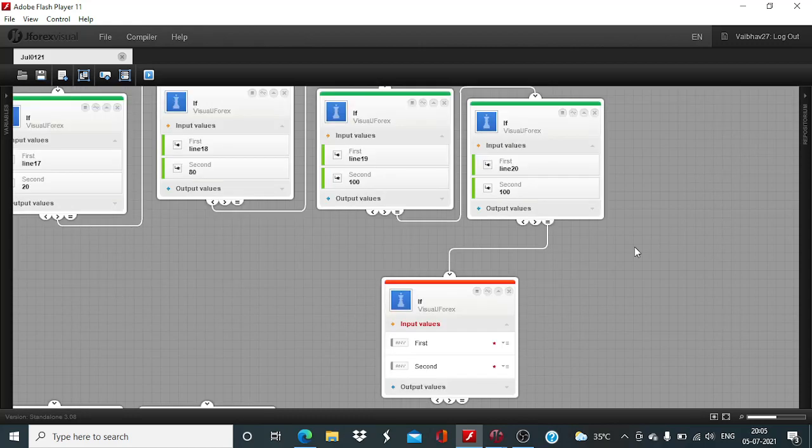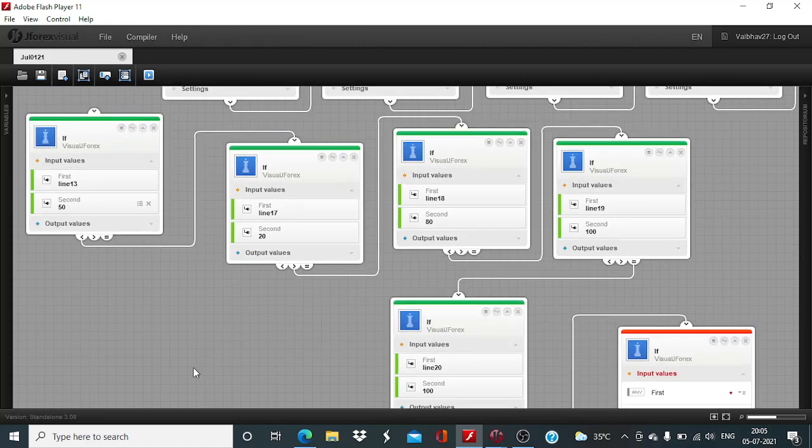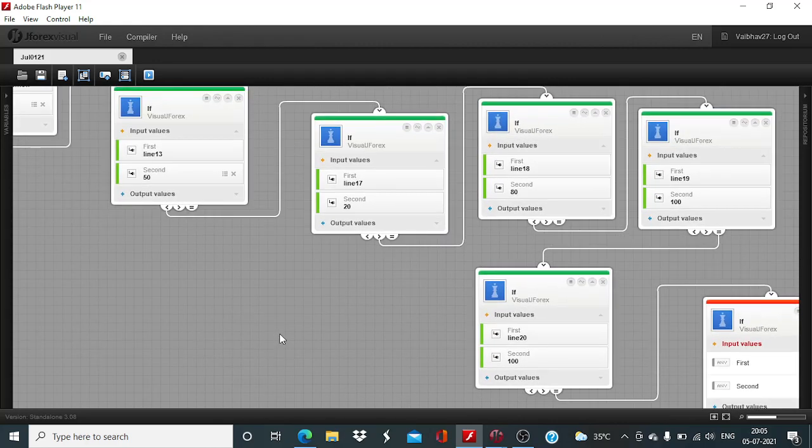Okay, we have defined these LRSI requirements.